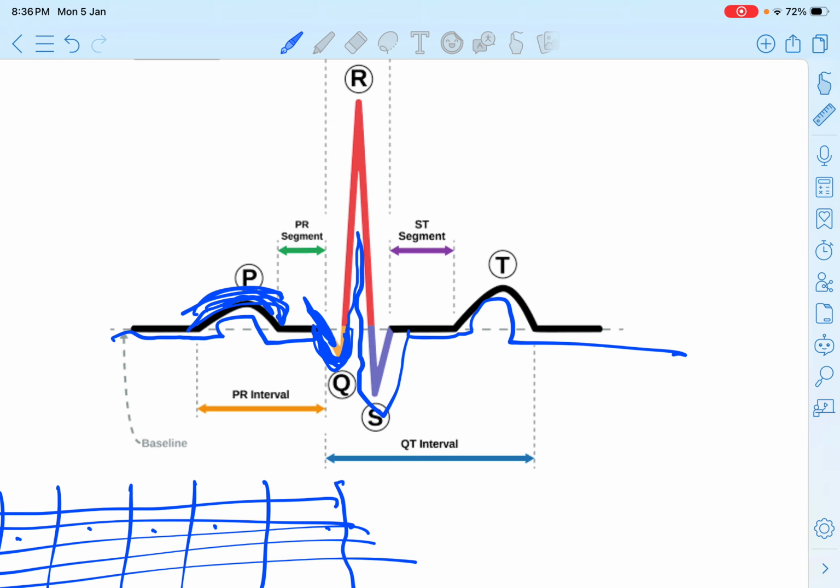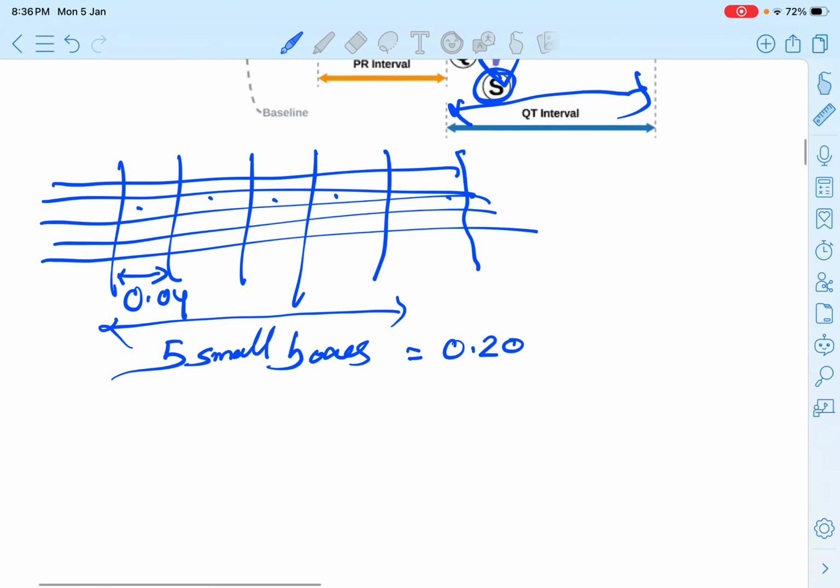P and R represent the PR segment, and here the S and T is ST segment. Okay, and here also we see PR intervals. Here Q and T, from here to here. What is P wave? I will explain you.